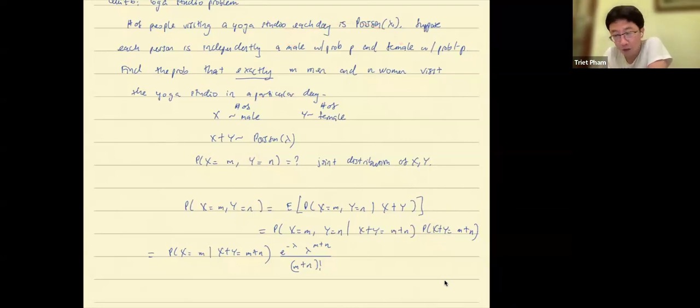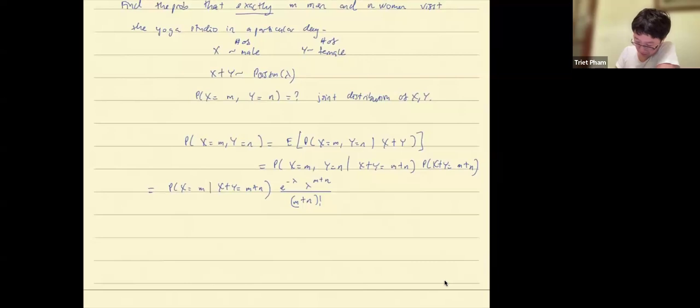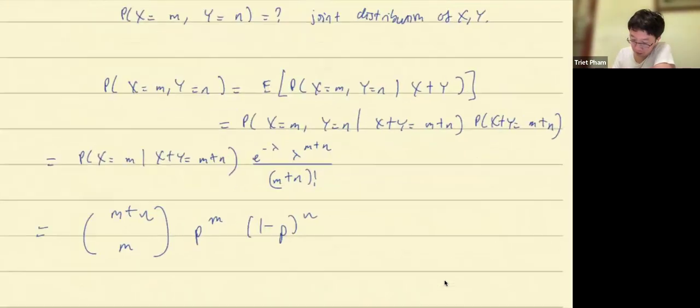But basically it's a trial where the success probability is P. So here we really just look at M plus N independent trials, and we ask for M successes. And so that's a binomial random variable. Like that. And then the rest is the same.